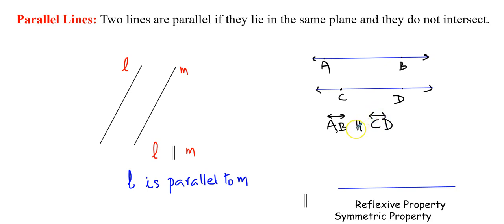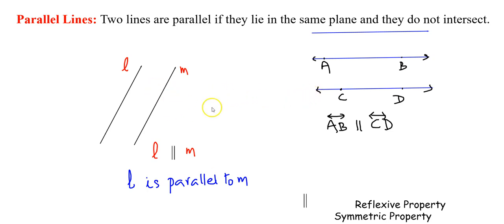Now, suppose you have a third line coming in the same way that also has no point in common. Then all three lines are parallel to each other. So the only condition is that they do not intersect. That is the only condition for a pair, or sometimes more than two lines, having no point in common to be called parallel lines.